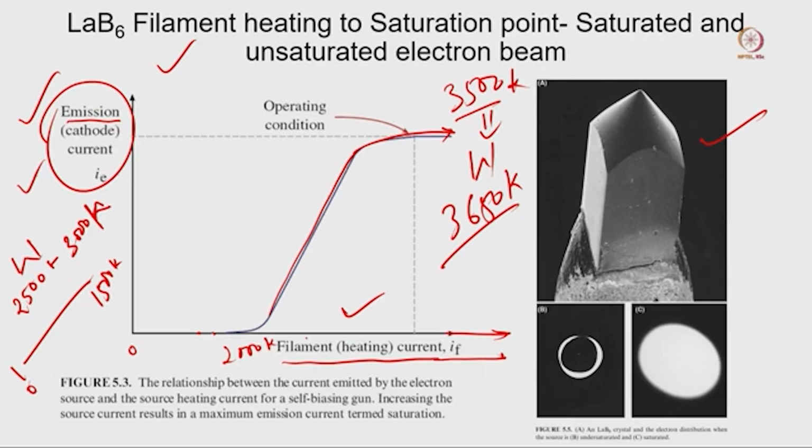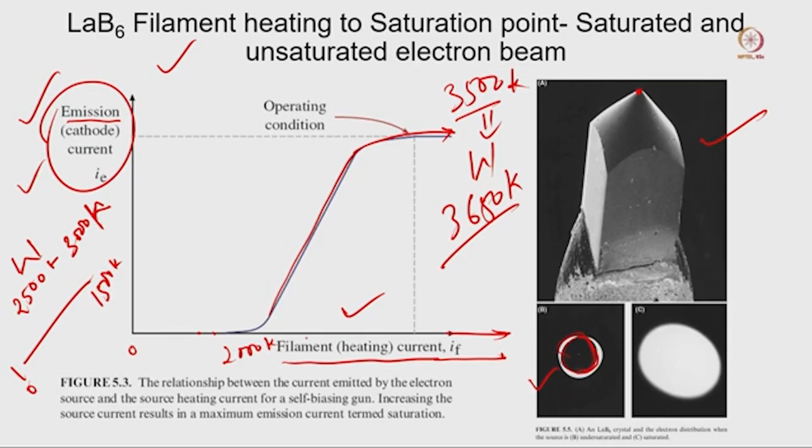At this particular temperature, you can see this kind of distribution, where you have a center part, a very dark point, which is basically the tip of that filament. It is an unsaturated electron beam, where you can see the tip of the filament and, outside, some kind of bright electron beam.